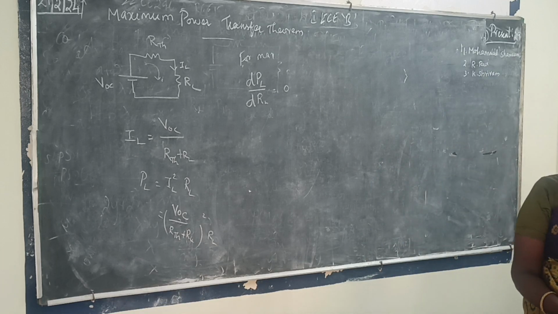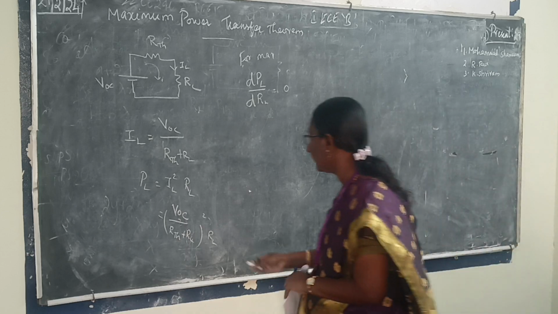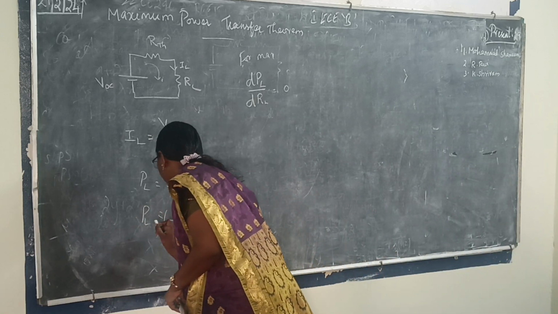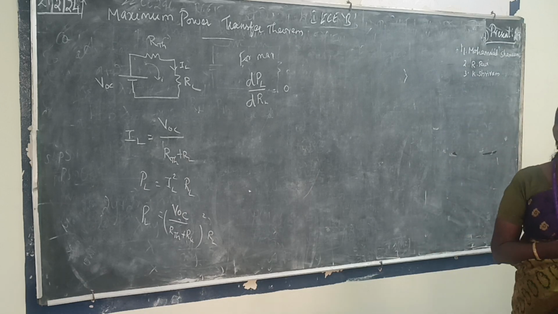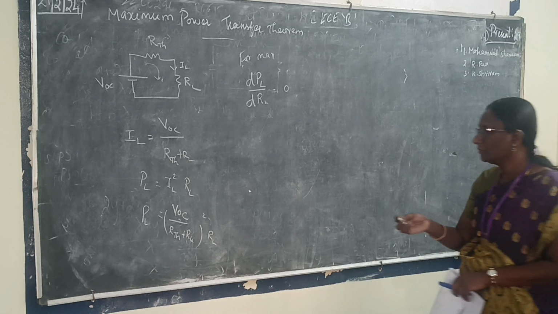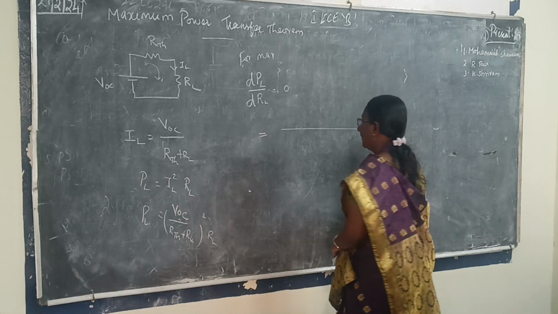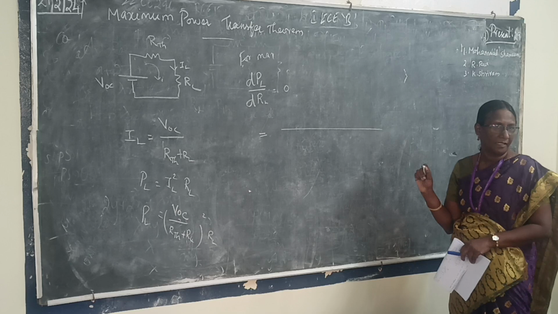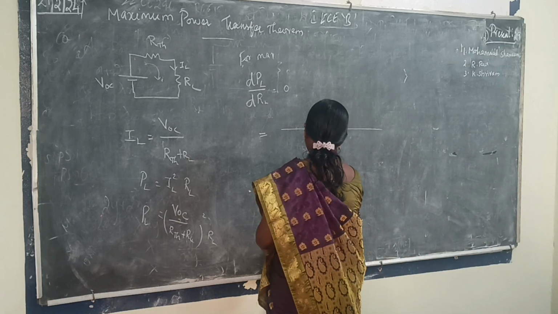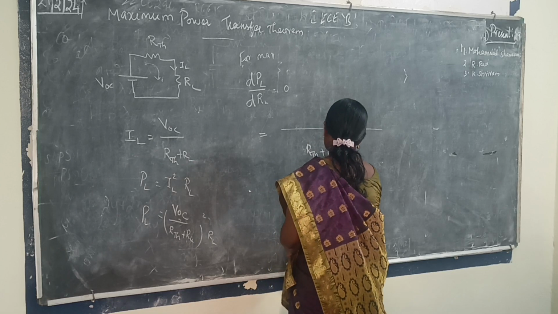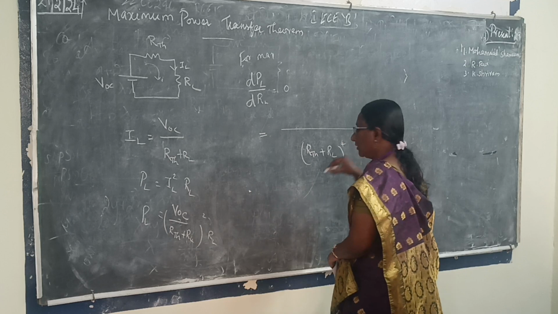We are going to equate to 0. How do you differentiate this one? Differentiate the equation. This is PL, isn't it? PL is equal to VOC by RTH plus RL the whole squared into RL. How do we differentiate? Using the U by V formula, isn't it? The denominator is RTH plus RL whole squared, the whole squared, then the whole to the power 4.